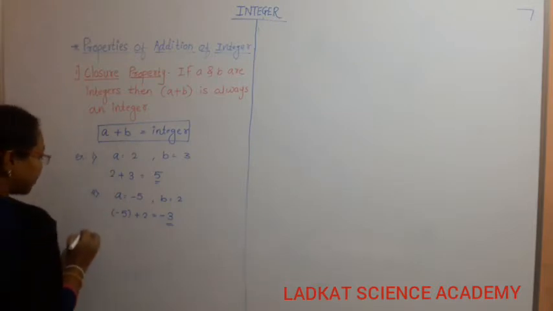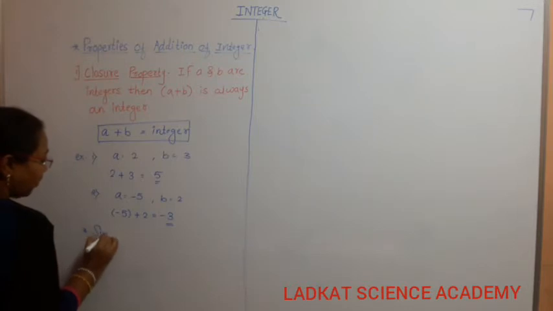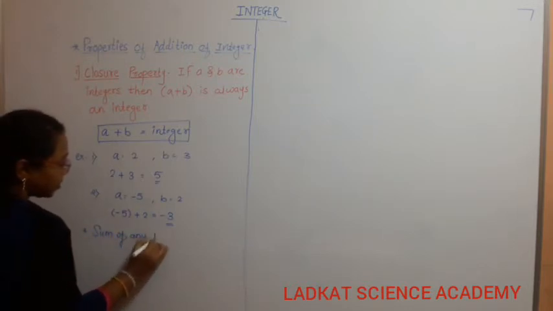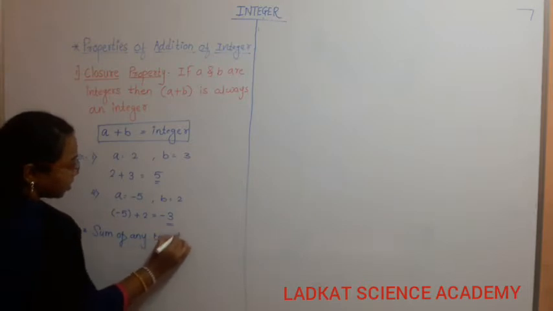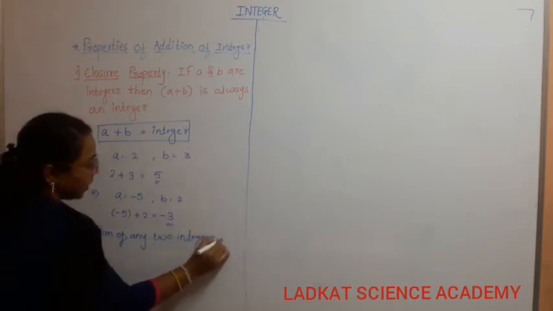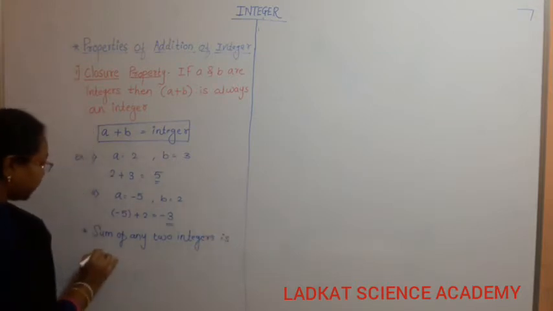What does the closure property say? Sum of any two integers is always an integer.